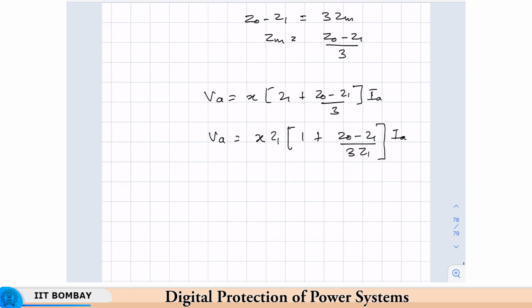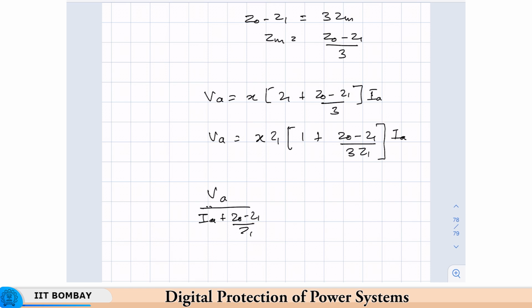We will manipulate this part of the equation a bit. If you remember, for a single line to ground fault, we had IA equal to 3 I0.